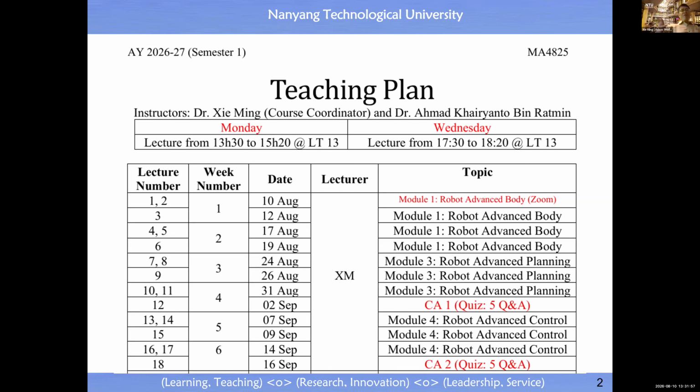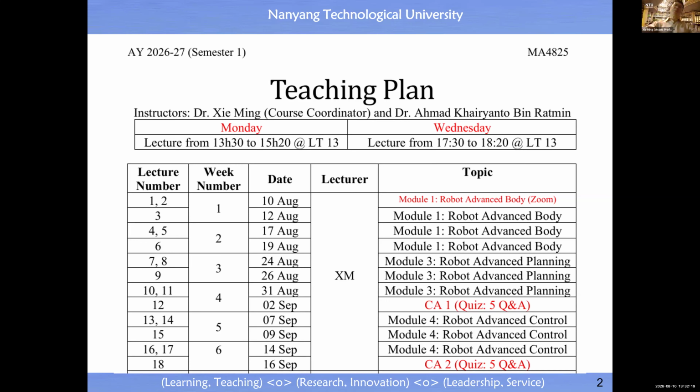For the remaining study after 6 weeks, you will continue to study Module 1, but the theoretical part of Module 1. When you talk about robot kinematics and robot dynamics, you need to have basic knowledge about the mechanism.